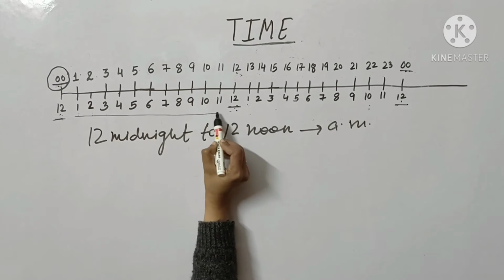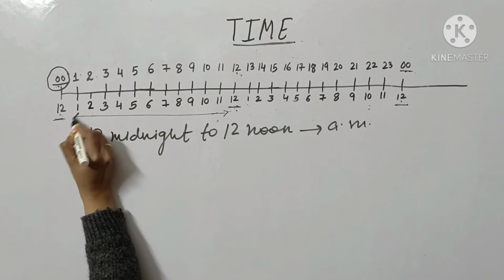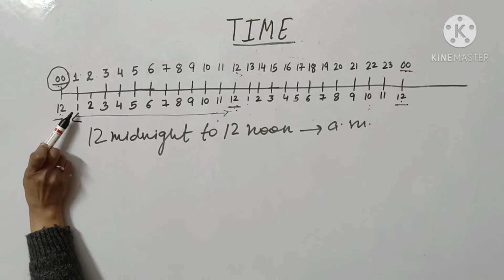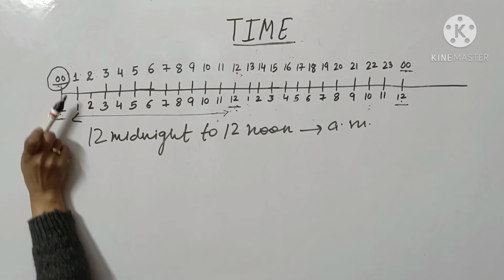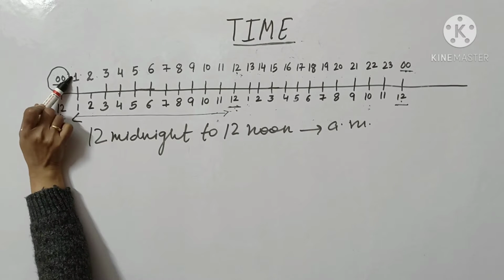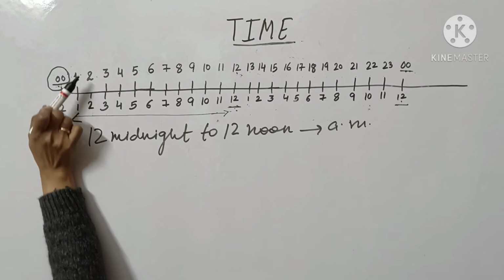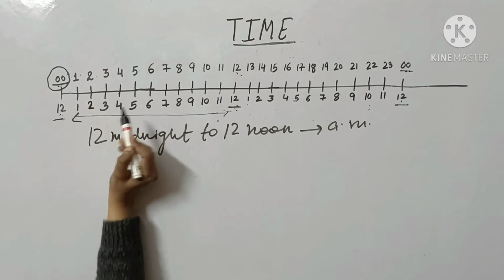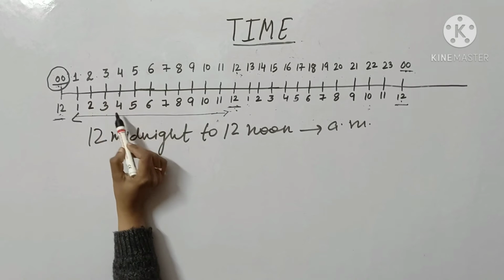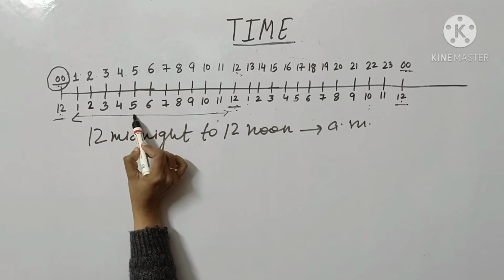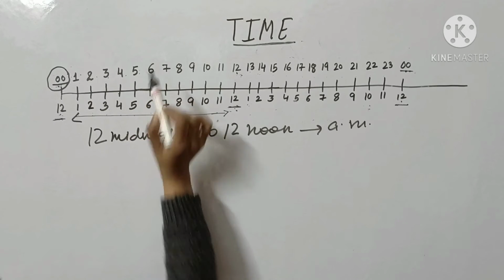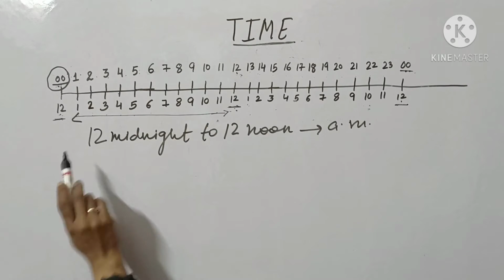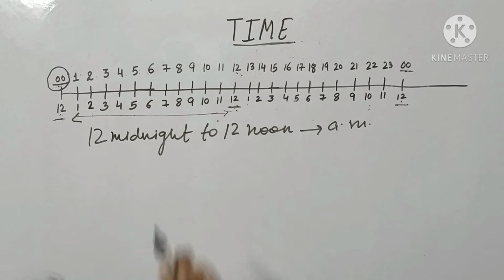Here we use AM. And you can see when it is 1, in 24-hour clock time also it is 1. Here it is 2, here also it is 2. Here it is 3, 4, 4, 5, 5, 6, 6. That means in AM there is no difference. It is same.